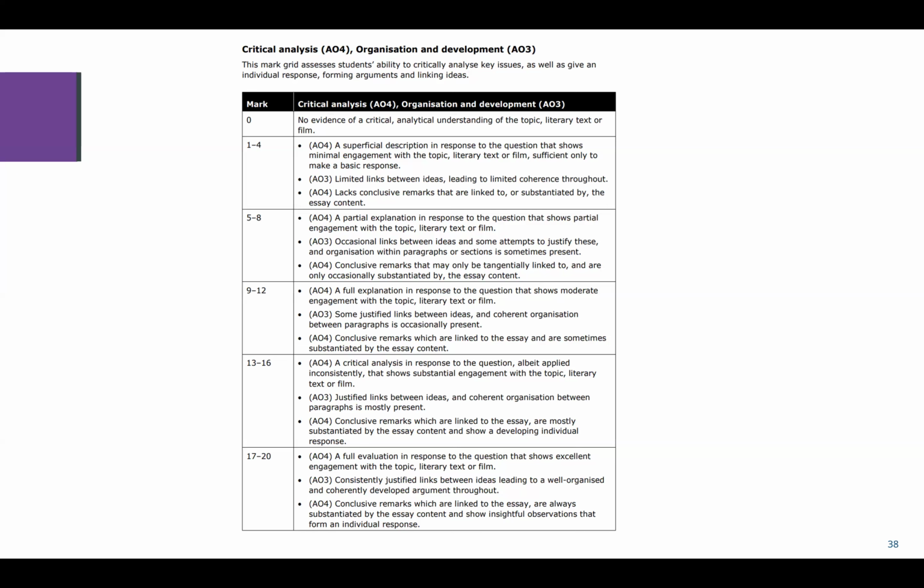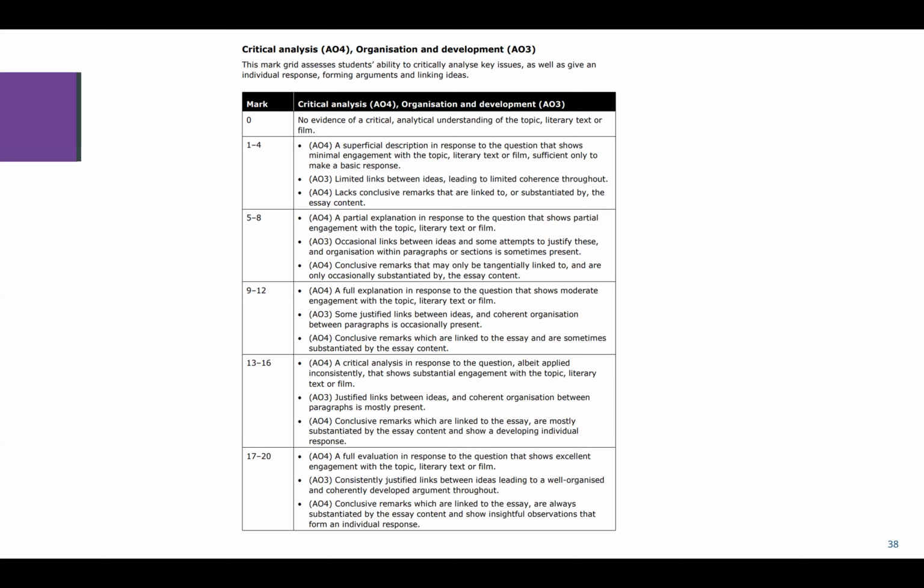So you can see then that there are different things going on here. So if we look at the 13 to 16, the AO4, it says that it's a critical analysis in response to the question. So what we're looking at here is, are they able to respond critically to whatever is being identified within the film, the text, or the topic?